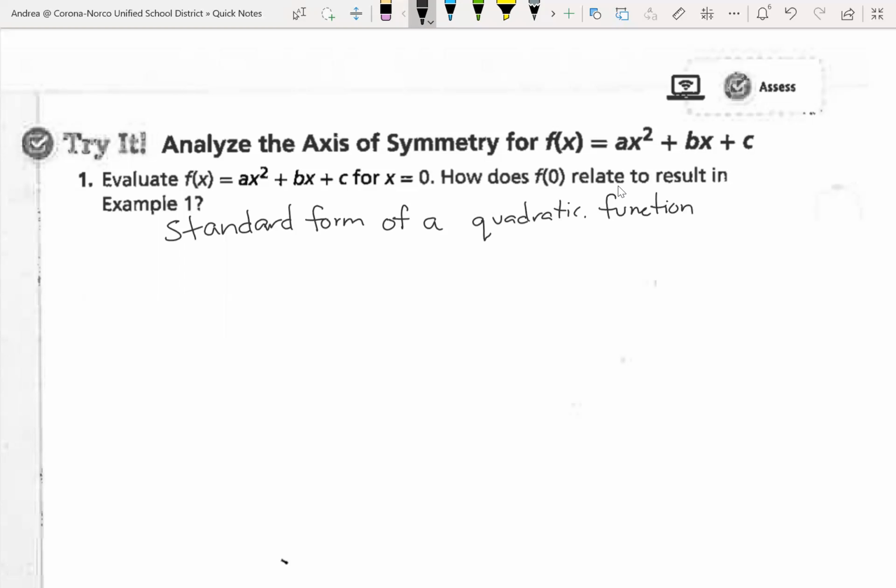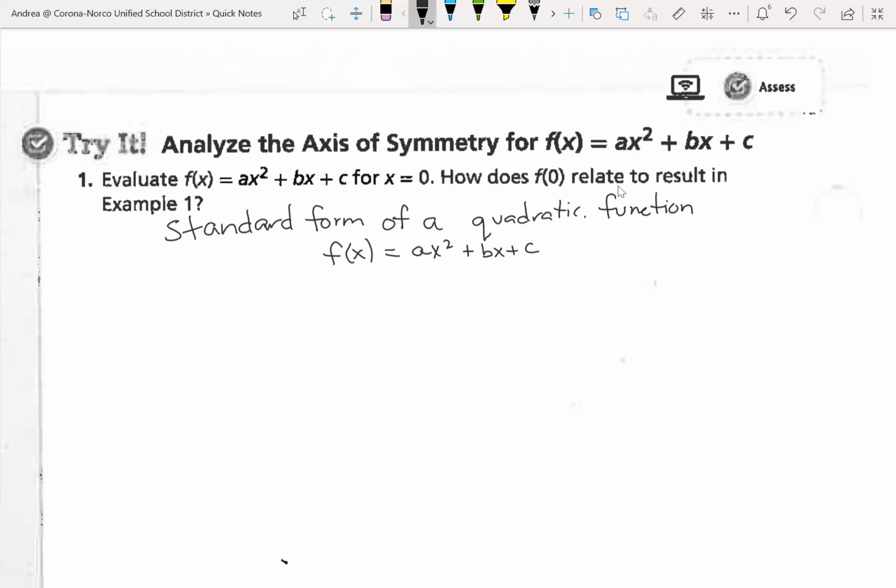Okay, standard form of a quadratic function is f of x equals ax squared plus bx plus c. Okay, a, b, and c are just numbers. They can be any numbers. We've already talked a little bit about the a value. The a value of a quadratic talks about stretching and shrinking and reflecting.